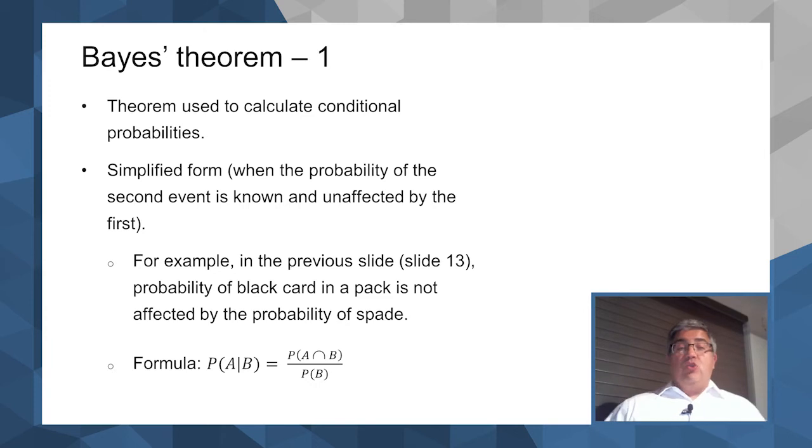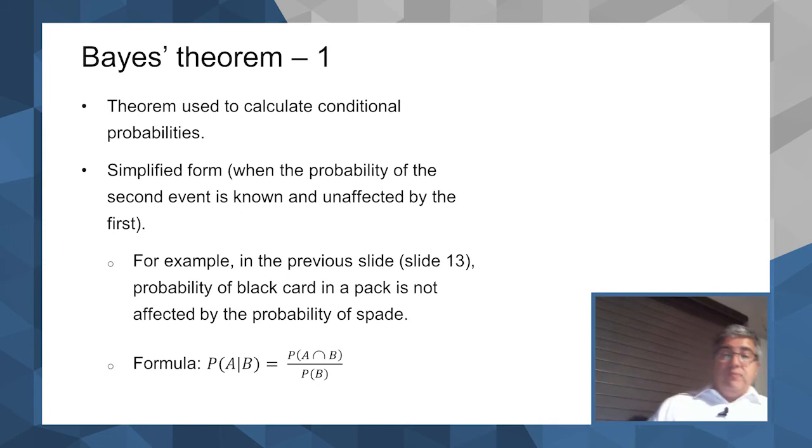Now, there's 2 ways that we can use Bayes' theorem. There is one easier way, the one that we've got here, but then we've got a more complex way, which is the ultimate formulation. And we need to use that one when we don't know a certain probability.